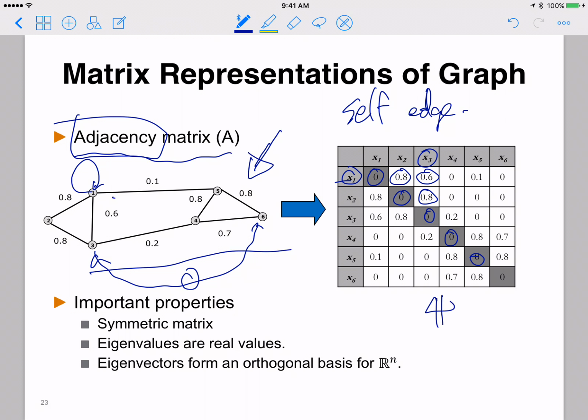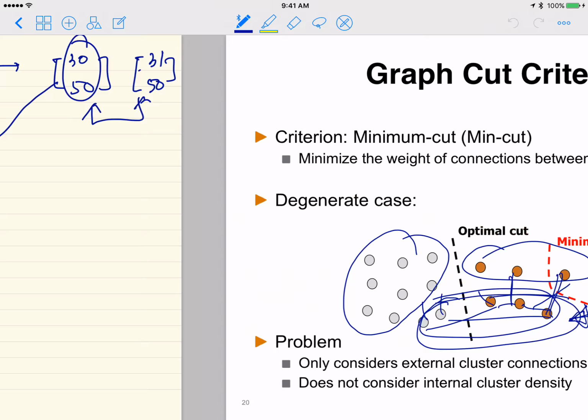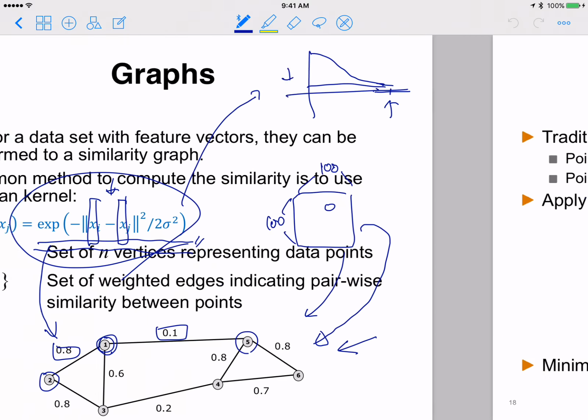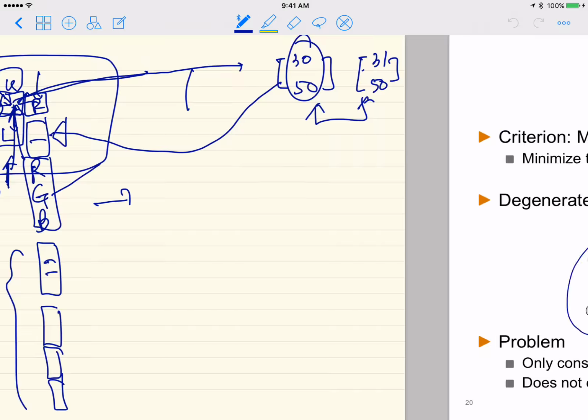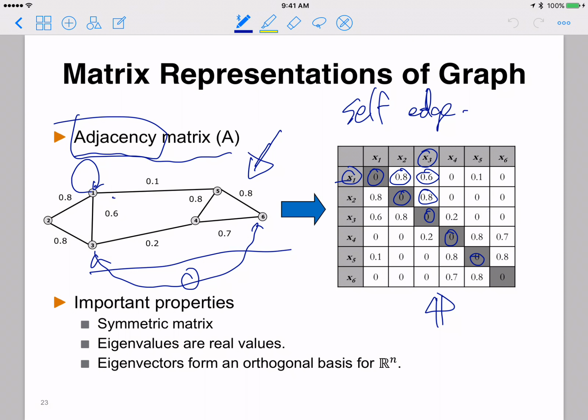In the case of an undirected graph, such as a similarity graph that we compute using this measure, the edge between x2 and x3 will be the same as the edge from x3 to x2. So an undirected graph and its adjacency matrix will be symmetric.